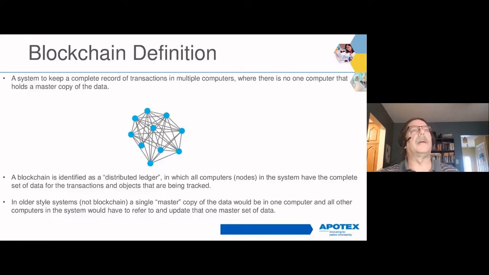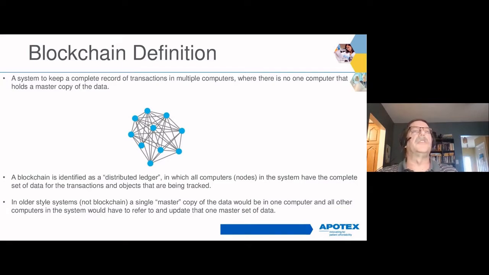So starting with the background, a blockchain definition is: it's a system that keeps a record of transactions in multiple computers, and there's no one computer that holds a master copy of the data. And that little picture you see in the middle of the screen here, if you imagine that the blue dots are all different computers that are participating in a blockchain, you can see that every computer talks to every other computer.